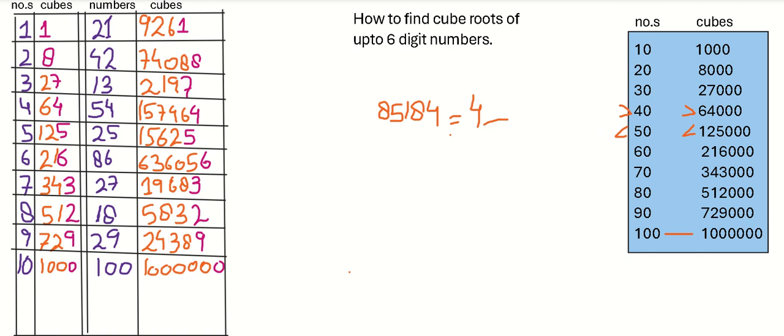Let's take another example for now, which is 571,787. And now let's compare this number to this table right over here. It's greater than 512,000, but it's less than 729,000.